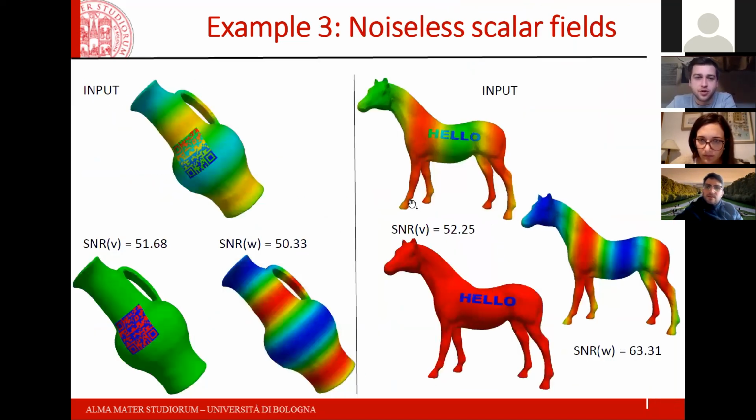Partially, what you are saying has been used, for example, in this case here. The vase itself is not so well refined, but a part of the mesh was refined in order to be able to sample the texture, in this case the QR code, onto it.